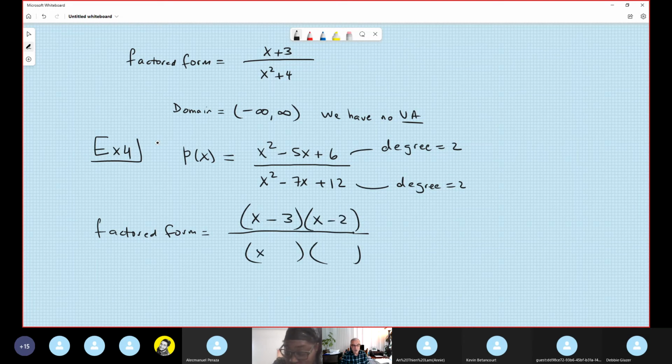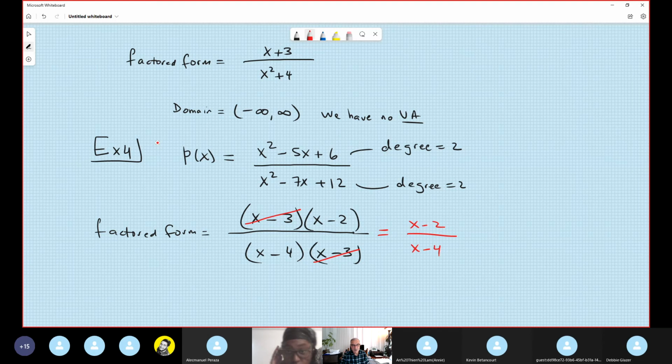The factorization at the bottom is easy also, because of 4 and 3. Because 4 times 3 is 12 and 4 plus 3 is 7, negative of. Wow. And this is the new situation. Look. This factor x minus 3 is cancelled out. And this is equivalent to say x minus 2 divided by x minus 4.